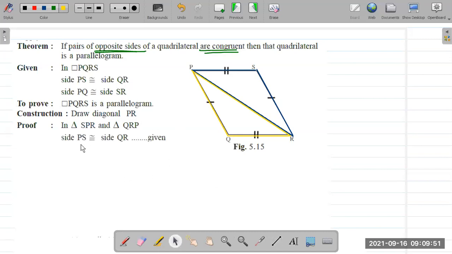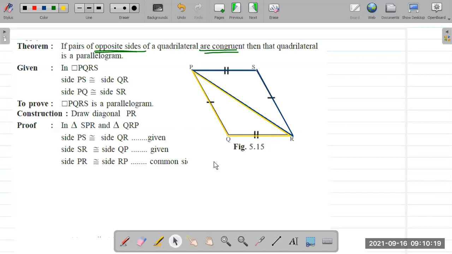We are given that side PS is congruent to side QR, PS is equal to QR. Likewise, SR is equal to PQ. The opposite sides are congruent, we are given. Now the third side, that is PR. We can see PR is a common side for both the triangles, right? So write side PR is congruent to side RP.